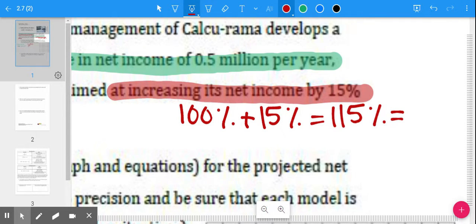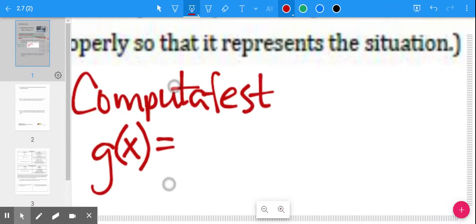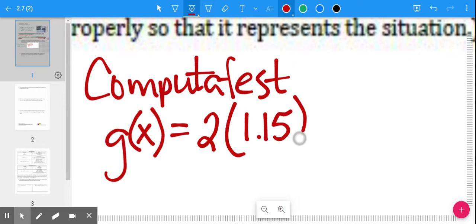Now we have to rewrite that as a decimal, which will be 1.15, and this is the rate of change that we put in our equation. So we're not adding 1.15 because that percentage, it is exponential. So we know they started off with $2 million, and that amount is growing by 15% annually.